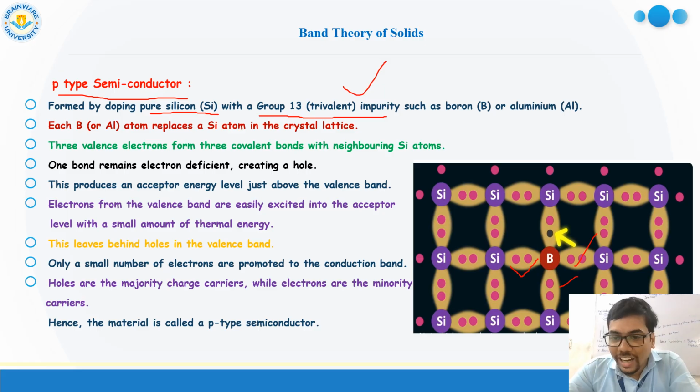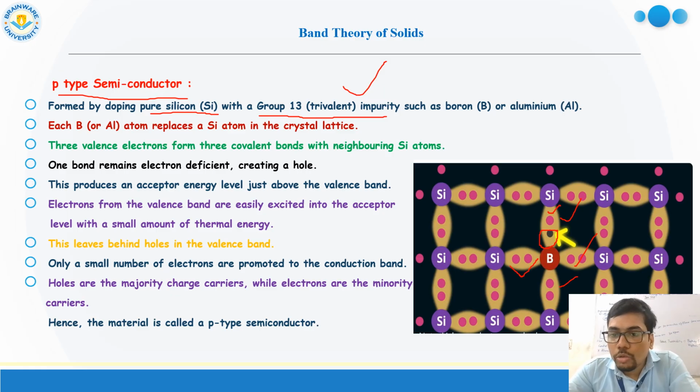But here another type of bond has been formed, called a two center one electron bond, because in this bond silicon gives one electron but boron has no electron, because three valence electrons are already involved in the bond formation. So there is a vacancy, an electron deficiency, and that is called a hole, that I have already told you.